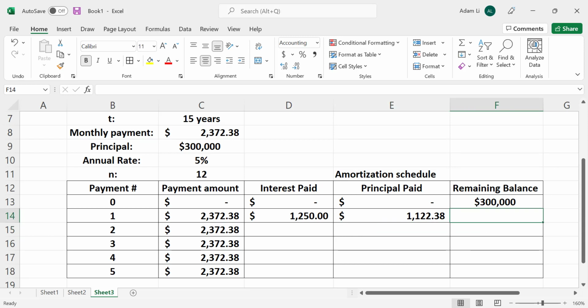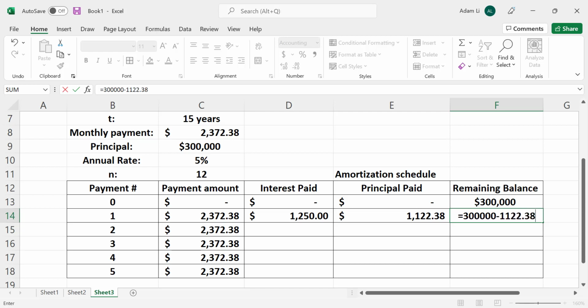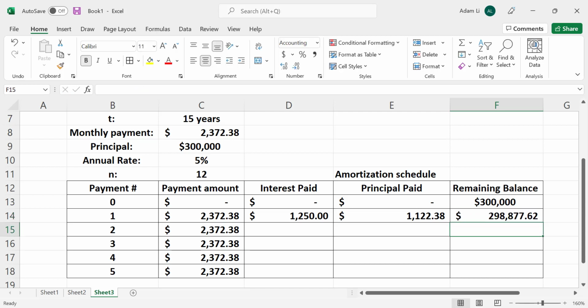That means you are paying off the balance much quicker because you contribute more towards the principal. Okay, so this is 300,000 minus $1,122.38. So the remaining balance goes down a lot quicker.